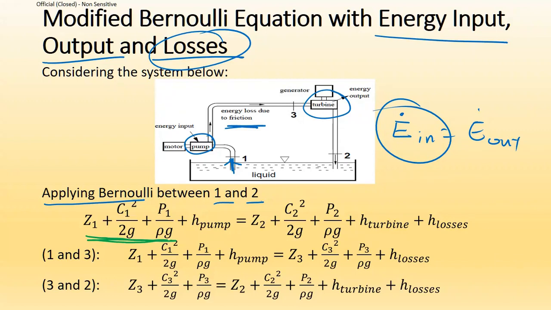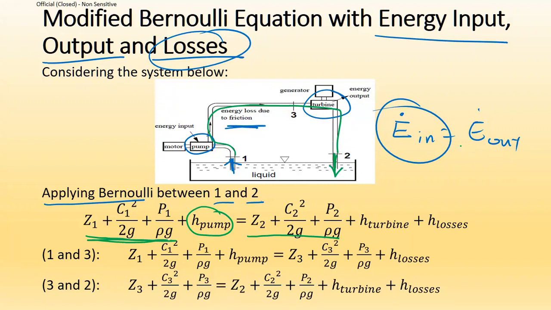Since I need to put all the inputs on the left, when the water flows from 1 to 2, one significant source of input will be H pump. So H pump will be on the left. Right hand side, output. At 2, fluid flows out, so it brings along with itself 3 different types of energy: potential, kinetic, and pressure.